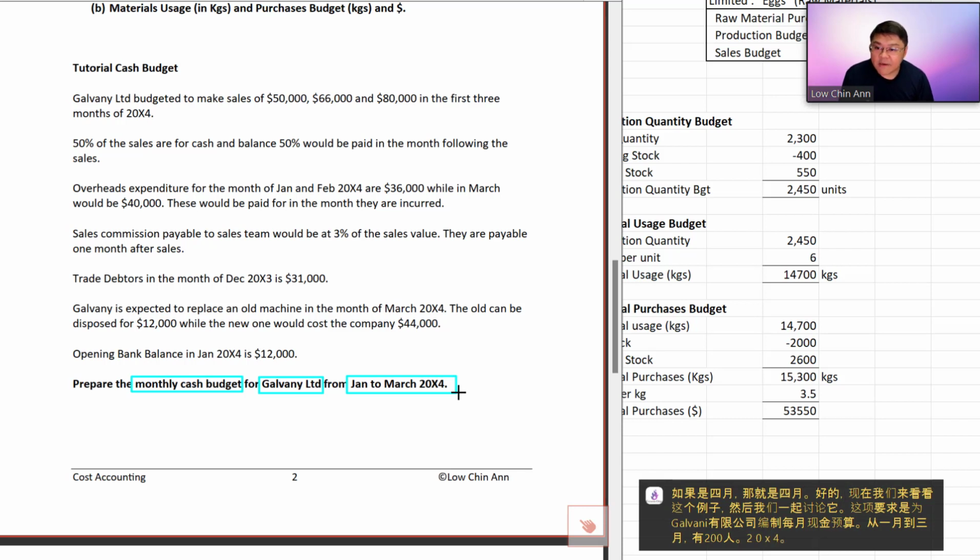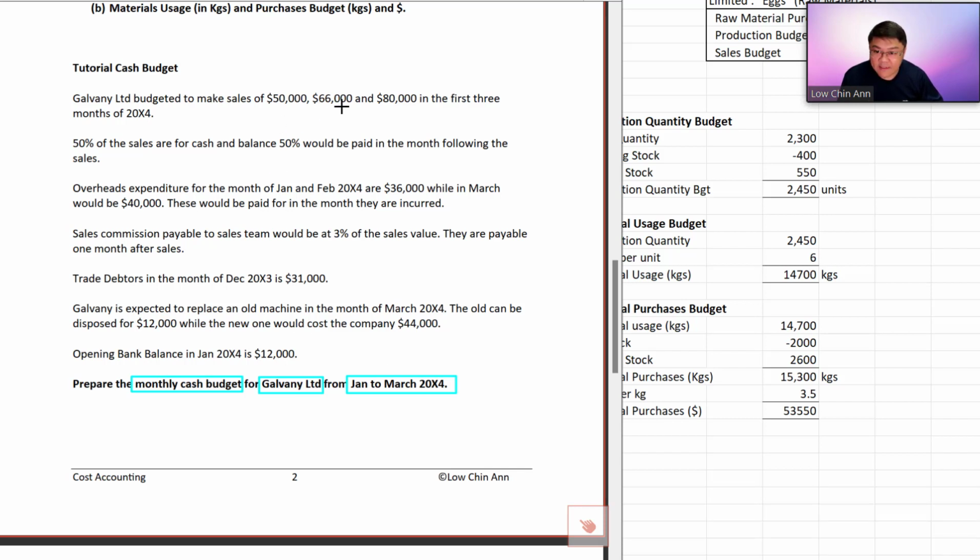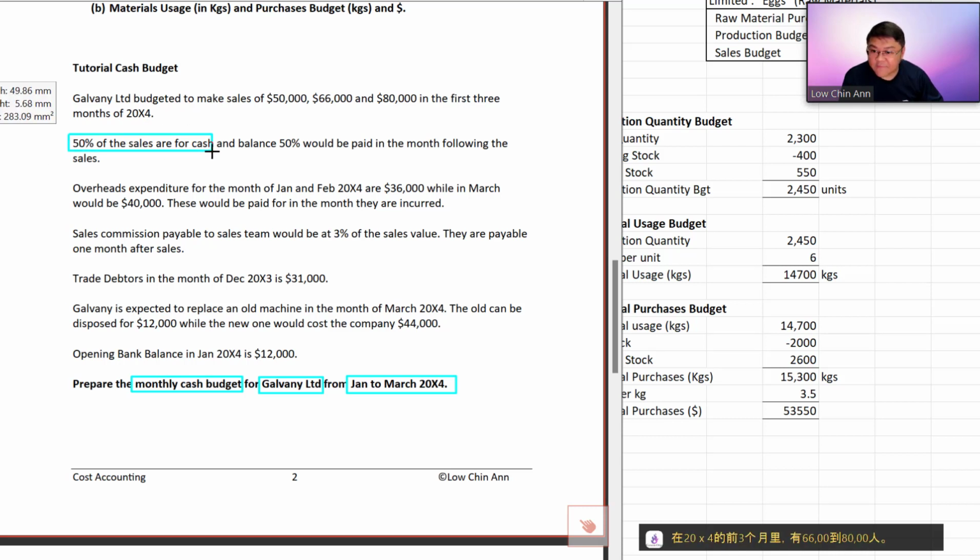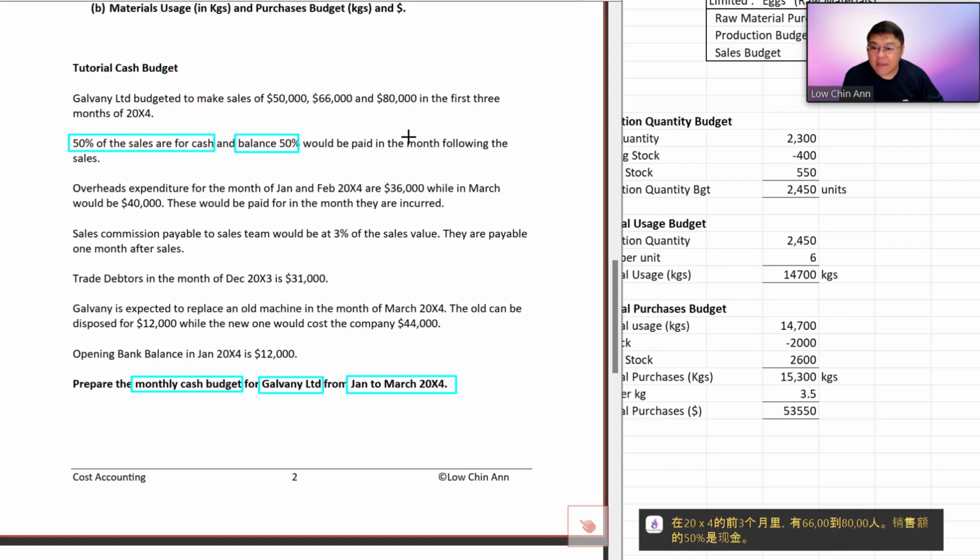Galvani Limited budgeted to make sales of 50,000, 66,000, 80,000 in the first 3 months of 20X4. 50% of the sales are for cash. The balance 50% will be paid in the month following the sales.